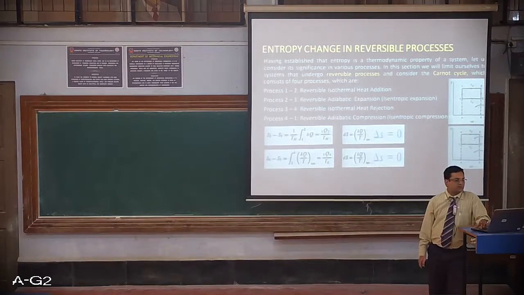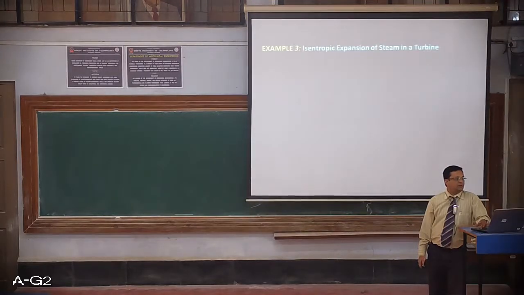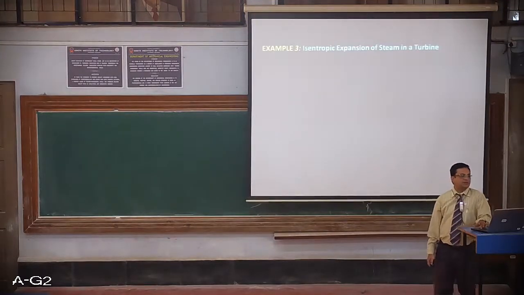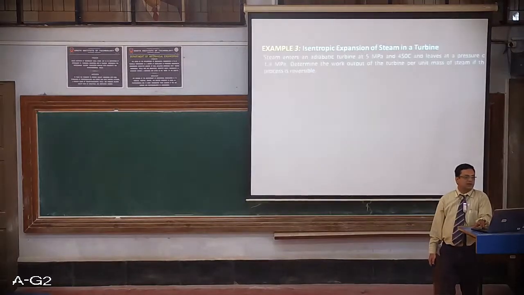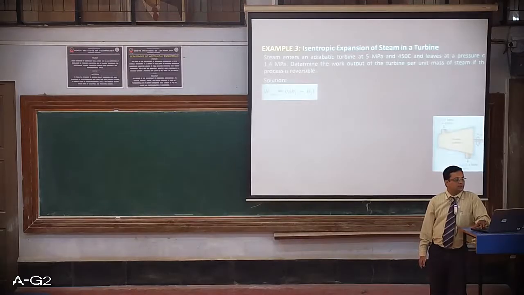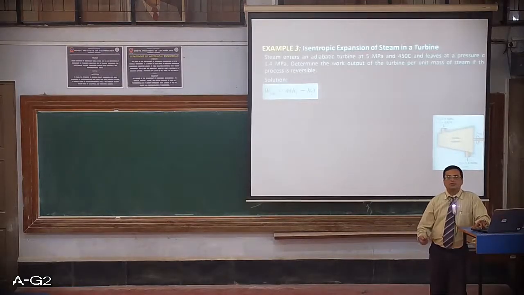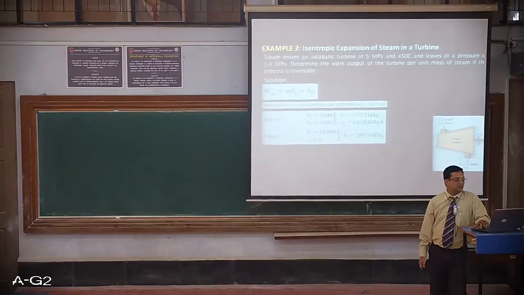This also we discussed. And then we took an example of isentropic expansion of steam in a turbine, and we solved to determine the work output using the concept of entropy change. Okay, so that is the importance here.